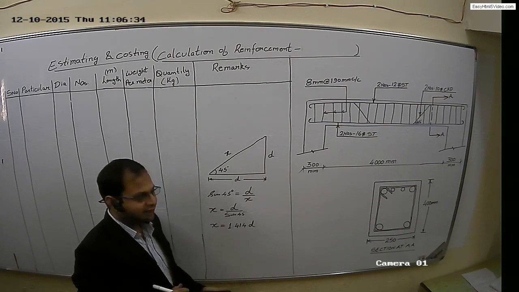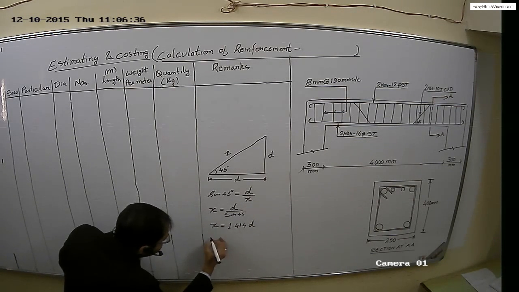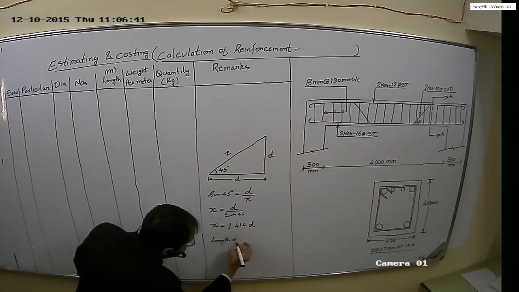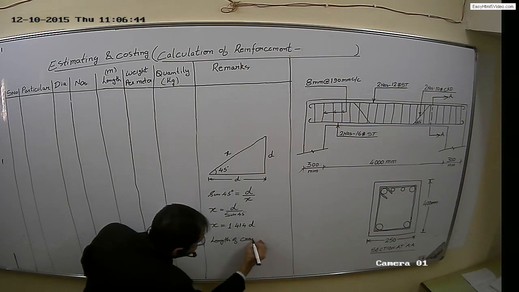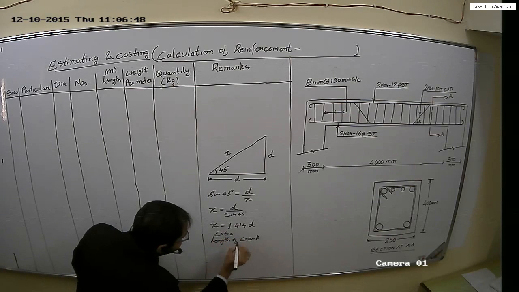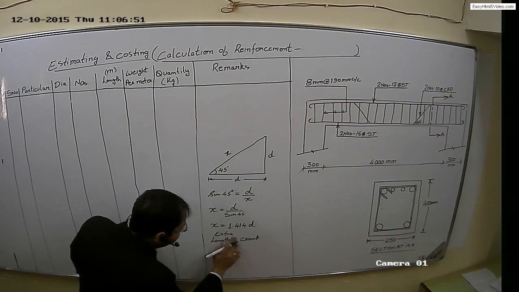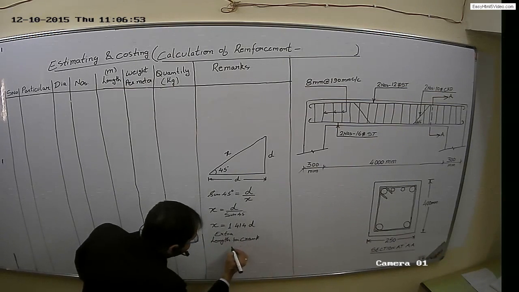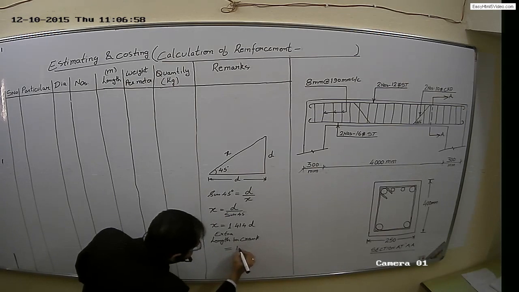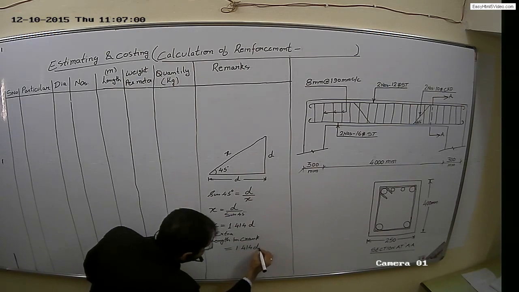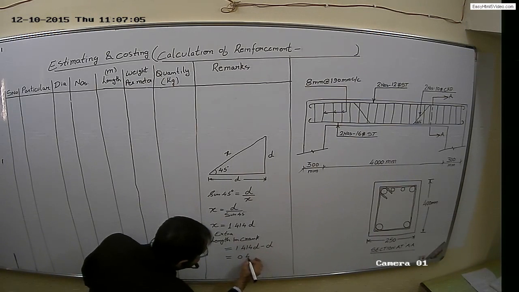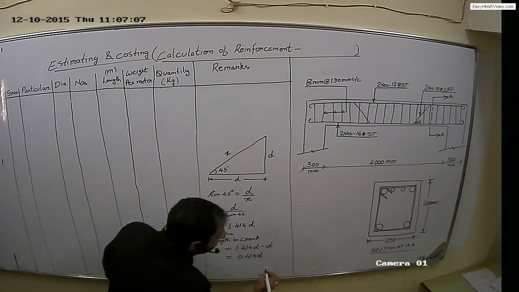So the extra length for crank will be equal to 1.414D minus D, which is equal to 0.414D.